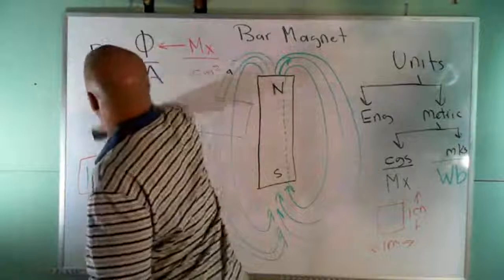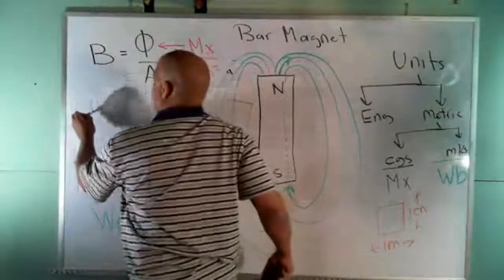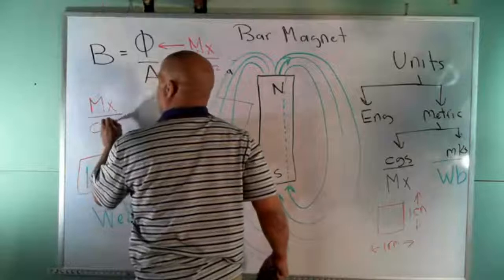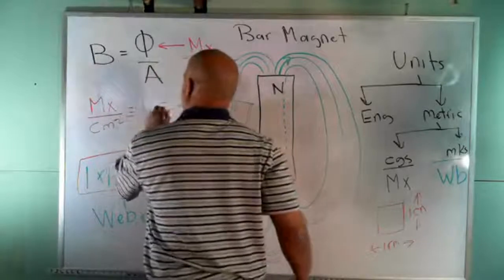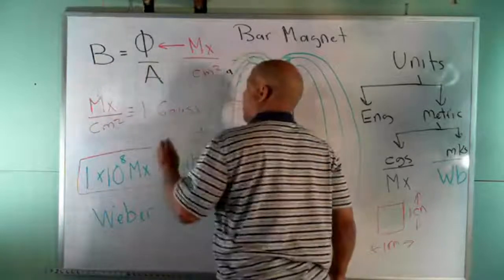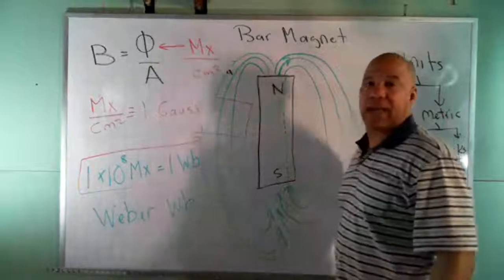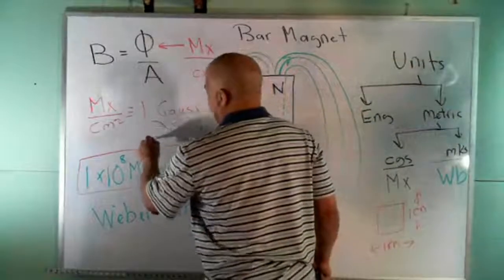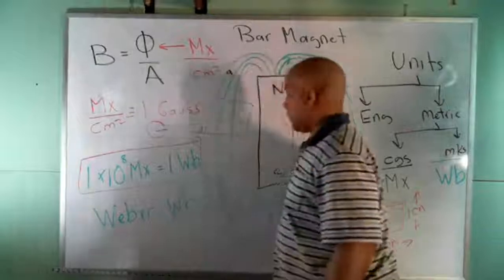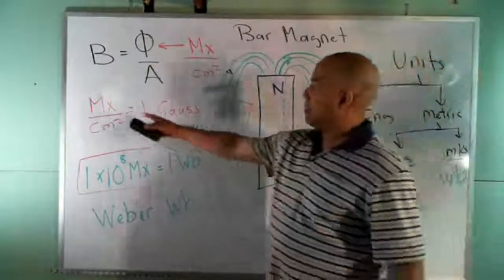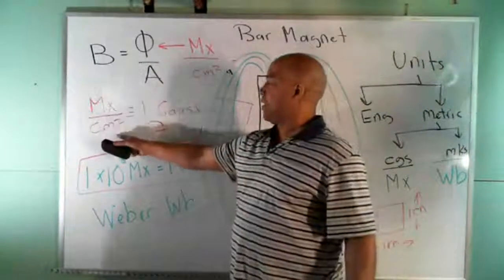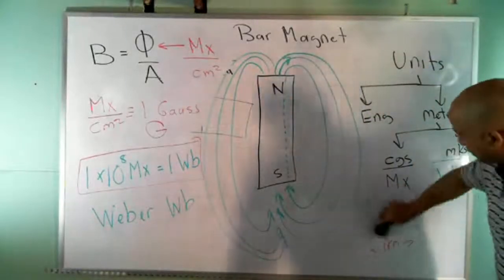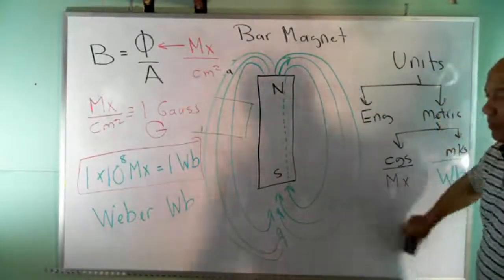Well, if I have a Maxwell per centimeter squared, we're going to call that a Gauss. And use a capital G for Gauss. And since I'm using Maxwells and centimeters, that means that Gauss belongs over here on the CGS. So Gauss.